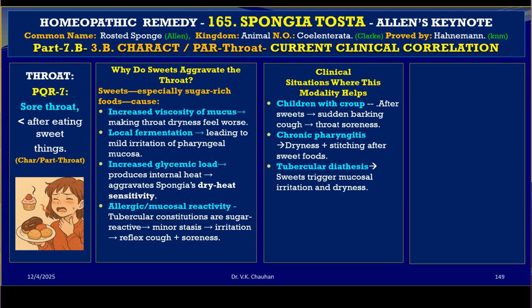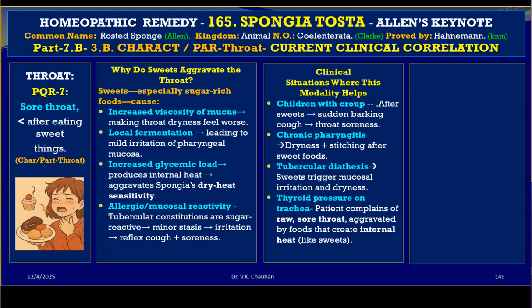And tubercular diathesis tells us that there is a natural predisposition for such patients to have sweets, which will trigger mucosal irritation and dryness. Thyroid pressure on the trachea can also make the patient feel a raw, sore throat, aggravated by foods that create internal heat, like sweets.